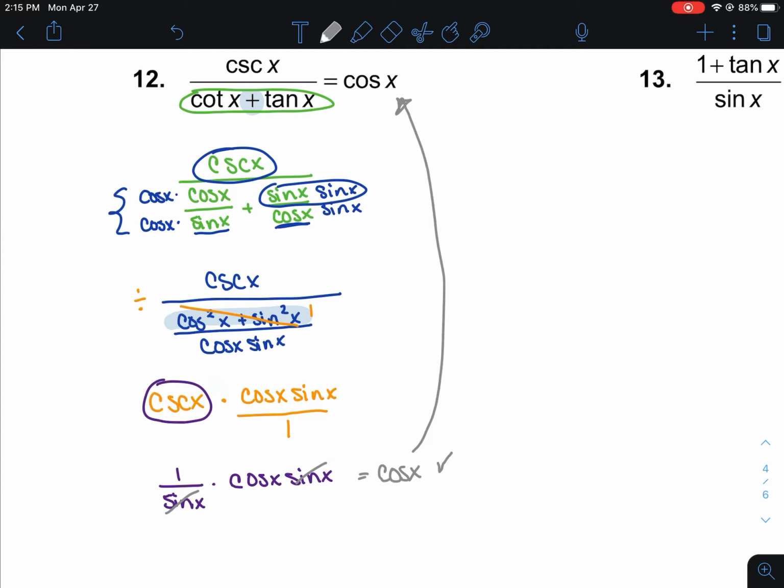Okay, so that one was definitely more work. Two big things here when we're adding fractions: we need to have common denominators, and when we get common denominators, we have to multiply both the top and the bottom by whatever's missing.